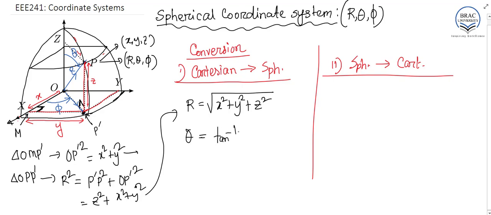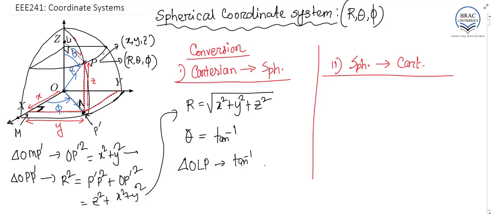Theta will be equal to, this here is a little tricky. Okay, let's name this point over here L. So from the right angle triangle, this is a right angle, all right? Of course. So if this is a right angle, then OLP is a right angle triangle, right?